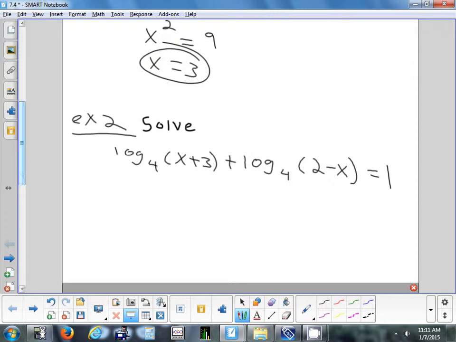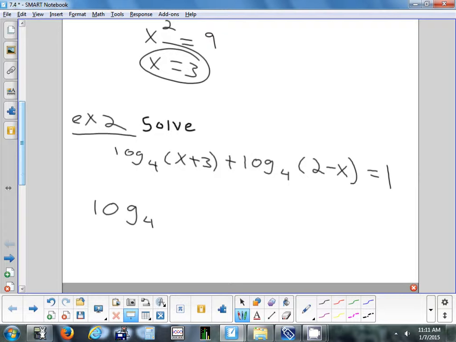Maybe we could reverse it and put it back together. So instead of having 2 logs on the left, we can make it so all we have is 1. How would we recombine these two logs that are being added? Addition goes back to what? Multiplication. Yeah. So you're going to have a single log.